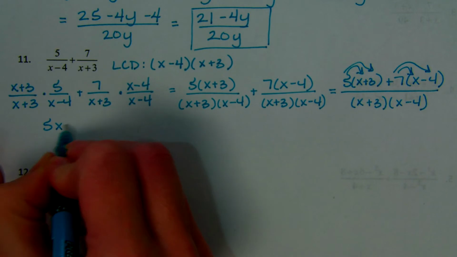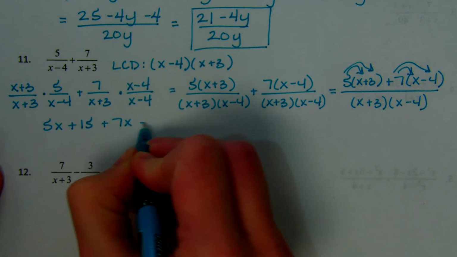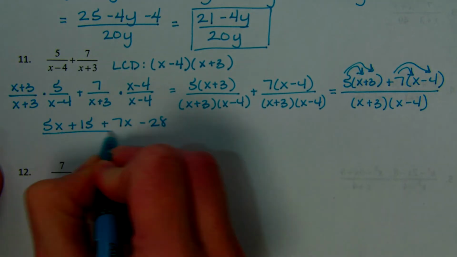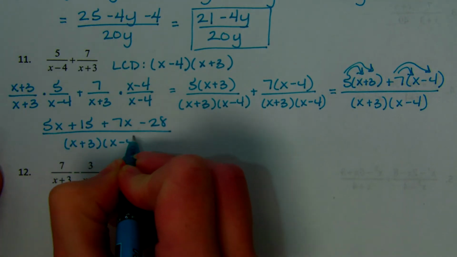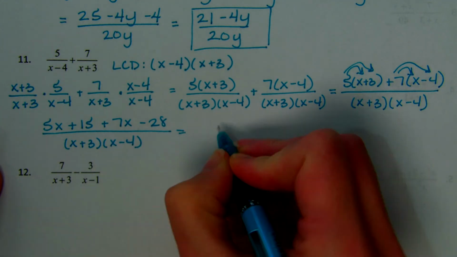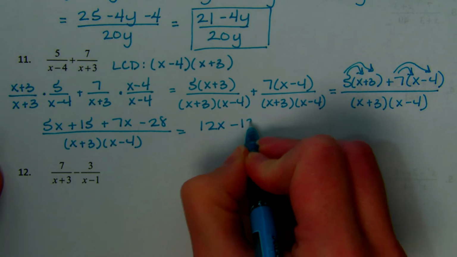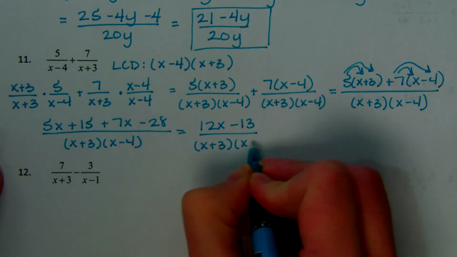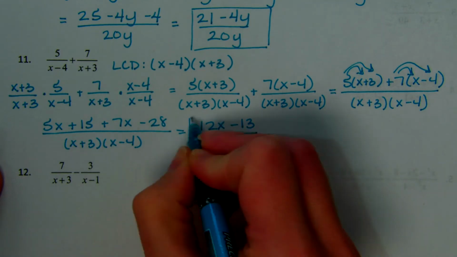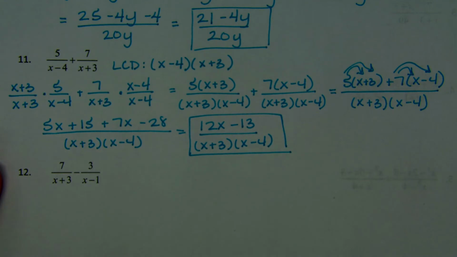This is 5x plus 15 plus 7x minus 28 over x plus 3 times x minus 4. That is 12x minus 13 over x plus 3 and x minus 4. And we are done. Walk away. There's nothing you can simplify there.